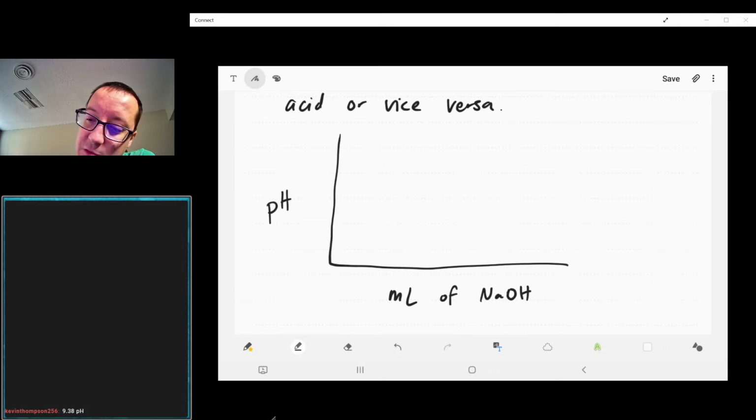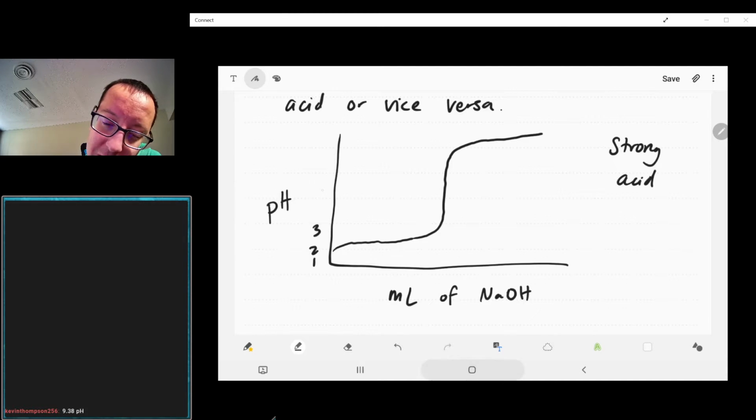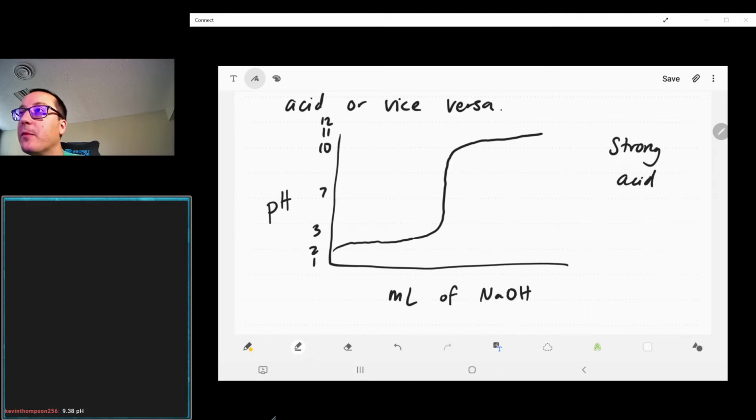If we have a strong acid in here, we're going to see that the pH versus the amount of base added graph will look somewhat like this, where we're going to start with something pretty low pH, and we're going to end with something pretty high pH at the end of it. So this is what's going to happen as we're adding base slowly to this particular acid.